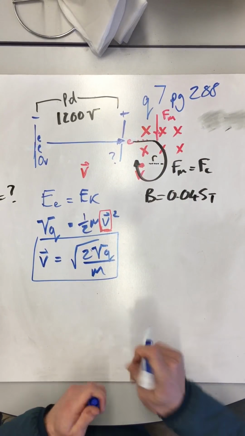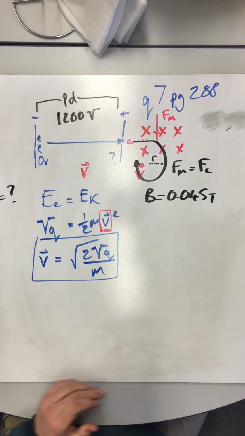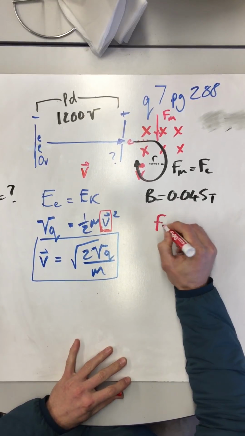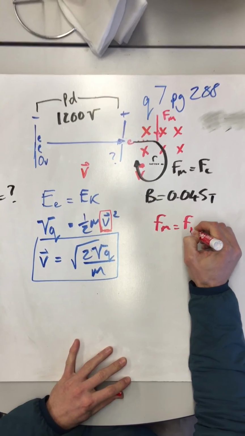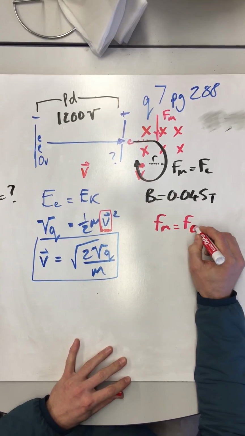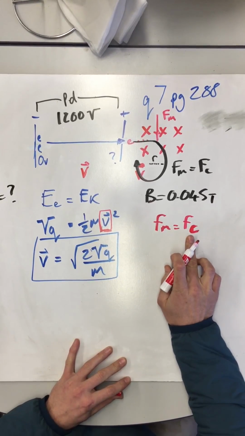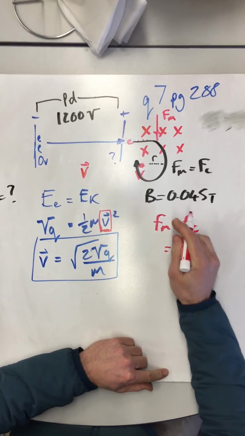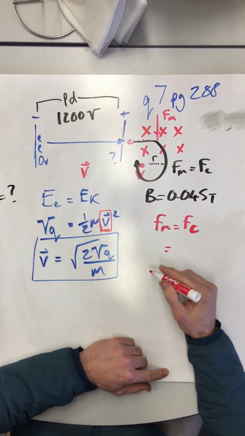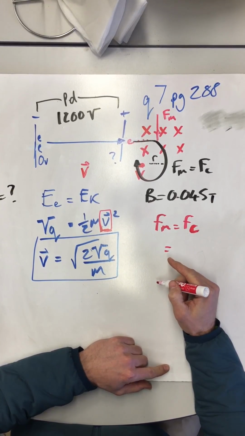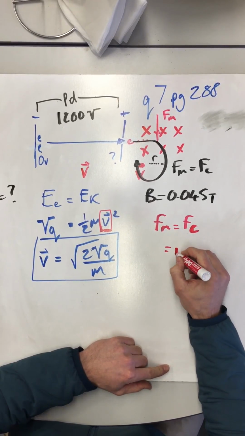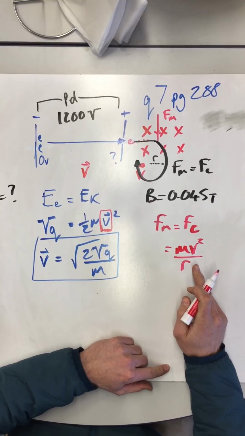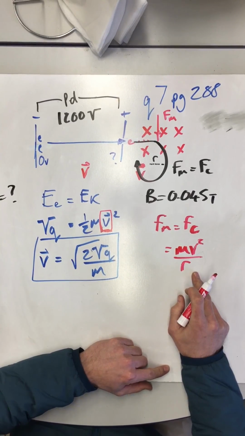Now if I follow this on, I'm going to use red here for this next scenario. I have a condition that I've already stated, which is Fm is equal to Fc, so force magnetic is equal to force centripetal, and that's going to give me my condition here for the circular piece. In other words, my force centripetal is going to be mass times velocity squared over r. This is a force centripetal formula that we've seen in Physics 20.